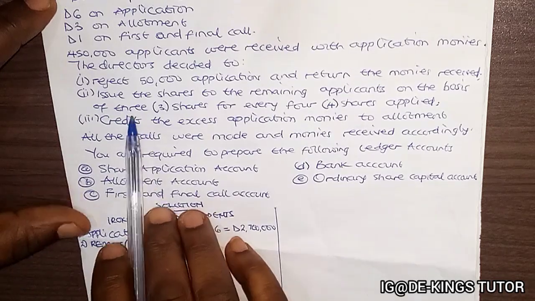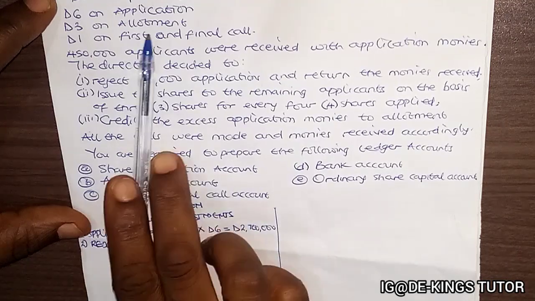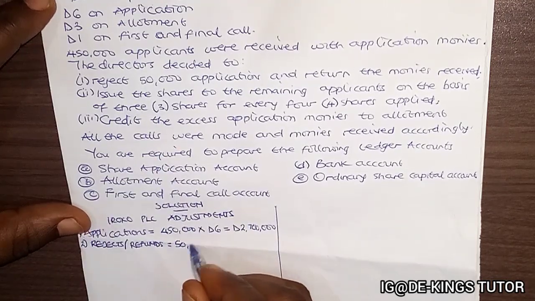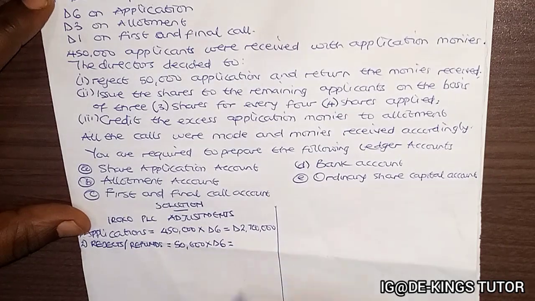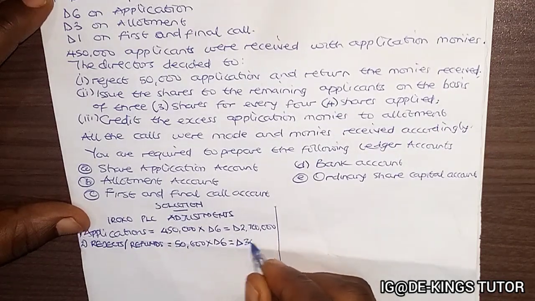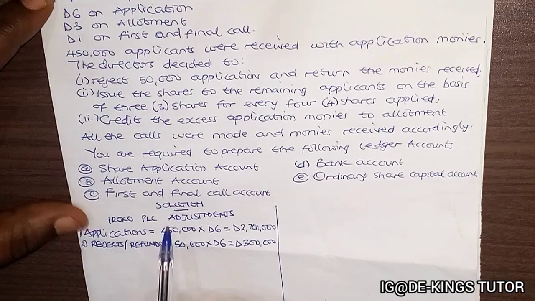It is still on the application amount, so it will be 50,000 times $6, which gives us $300,000. Okay, so that is that.